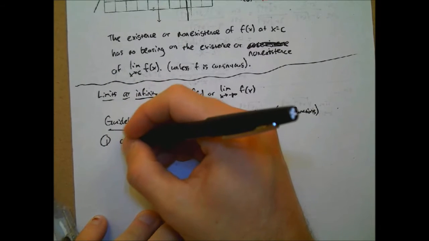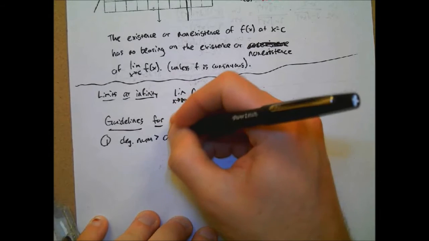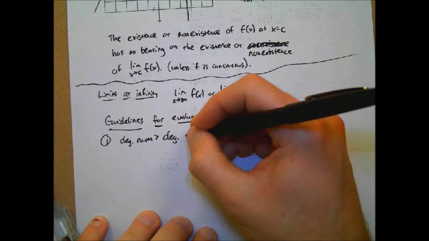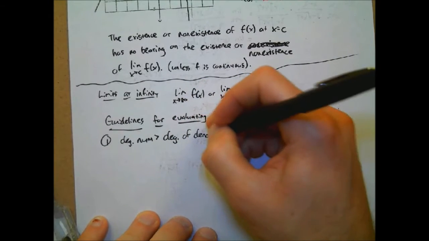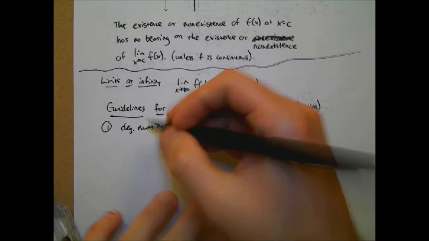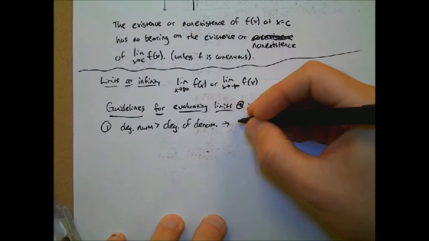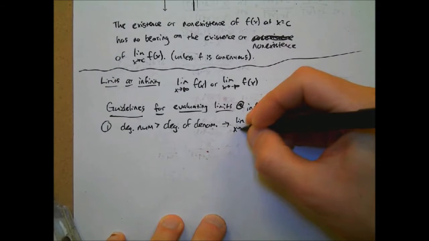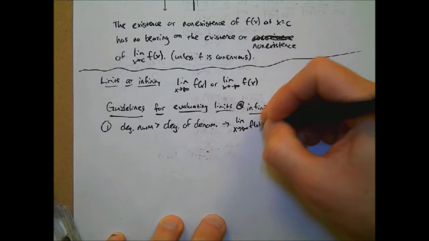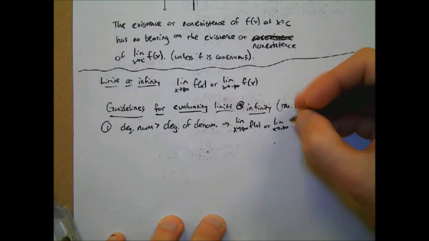If the degree of the numerator is greater than the degree of the denominator, the result is that either the limit as x approaches infinity of f of x, or the limit as x approaches negative infinity, either one does not exist.